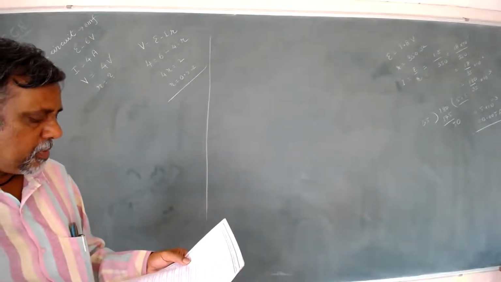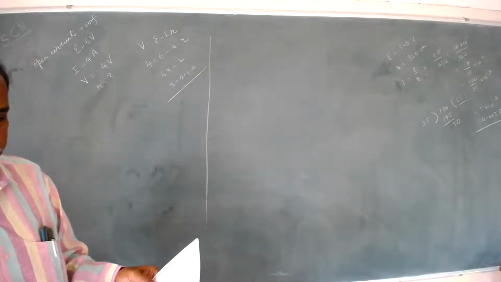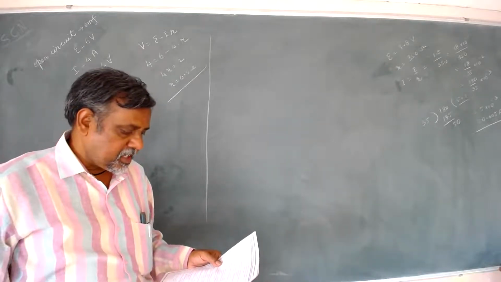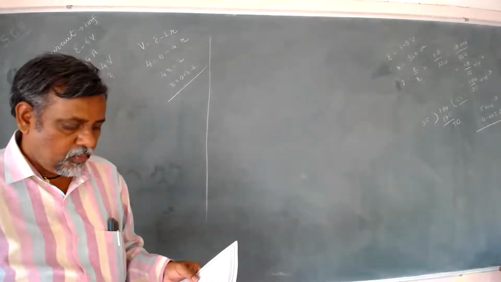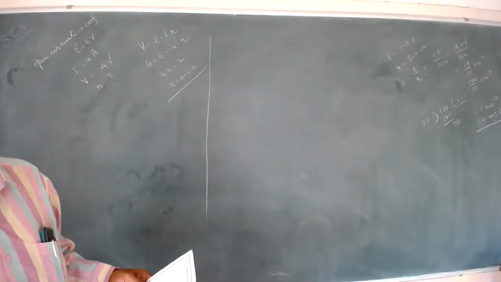Next, question number 15. A battery of EMF 4 volt and internal resistance 2 ohm is joined to a resistor of 8 ohm. What additional resistance in series with the 8 ohm resistor would produce a terminal potential difference of 3.6 volt?